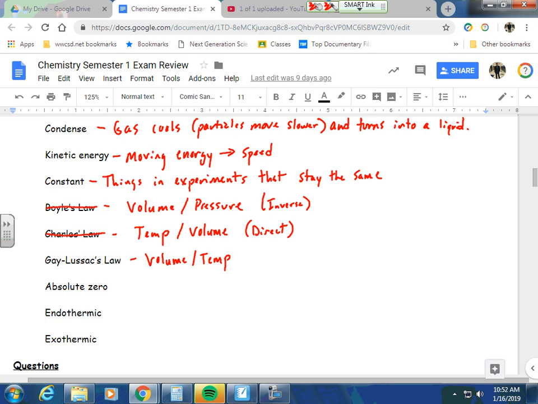Okay, so in Gay-Lussac's law, this is also a direct relationship. So we're not changing the volume here. Volume stays constant. And then for the other ones, if something wasn't mentioned, like with Charles' law we didn't mention the pressure, so the pressure must remain constant from beginning to end.